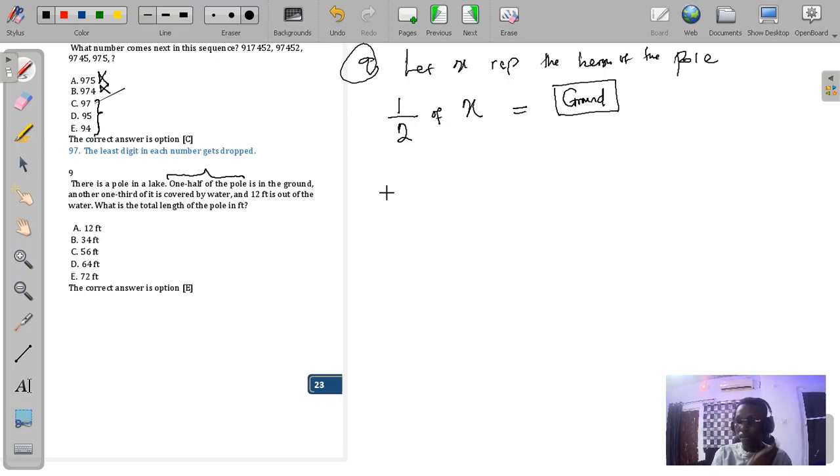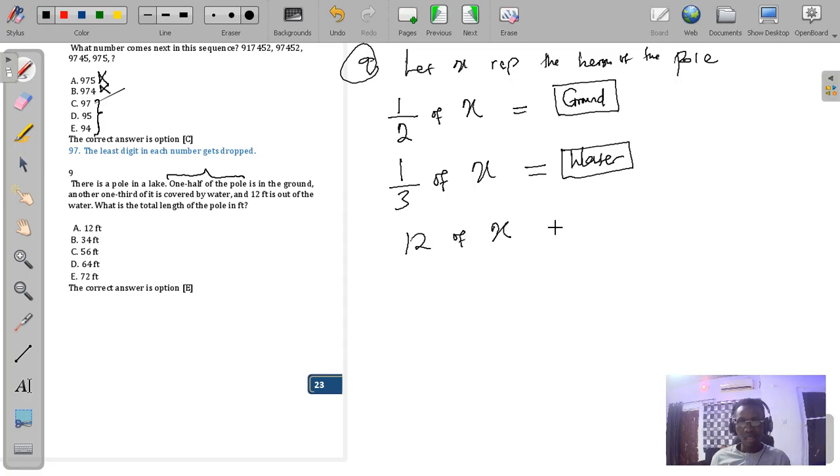That's 1/3. 1/3 of the pole is covered by water, and 12 is out of the water. 12 is out of the water.